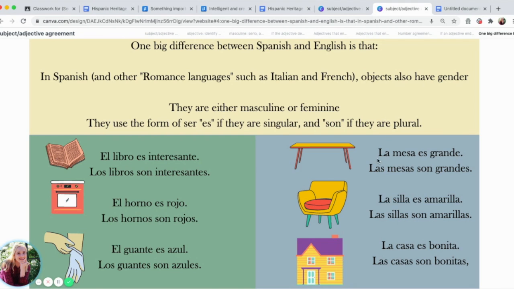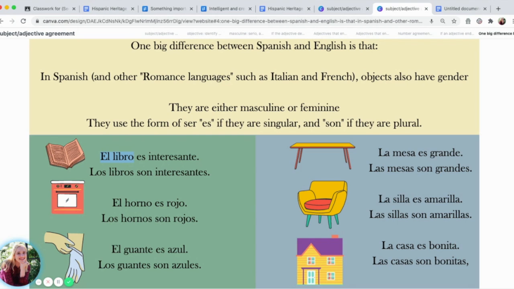So this is a feminine subject. La mesa es grande. But if we were describing the book, which is masculine, el libro, we would still use grande. El libro es grande, because it stays the same. Okay, I now understand. Okay, good.